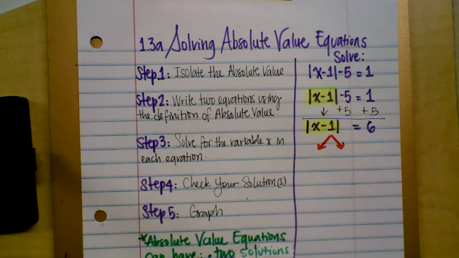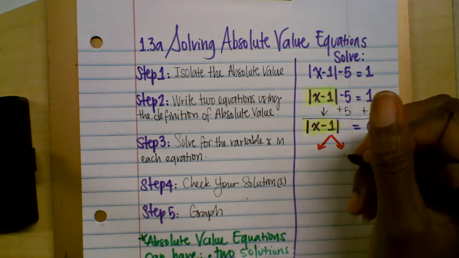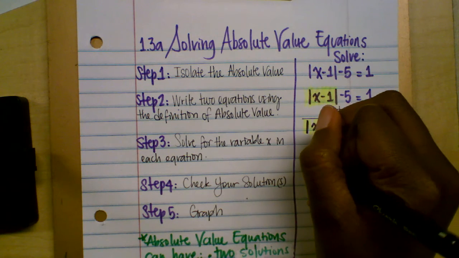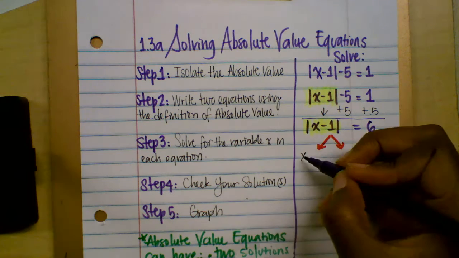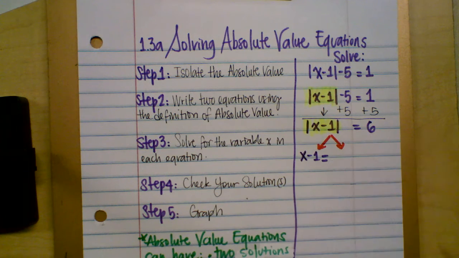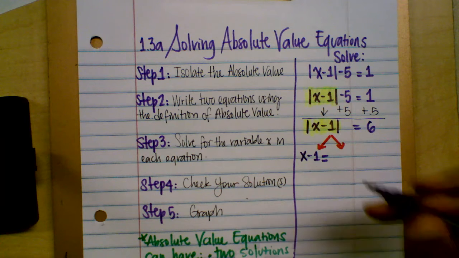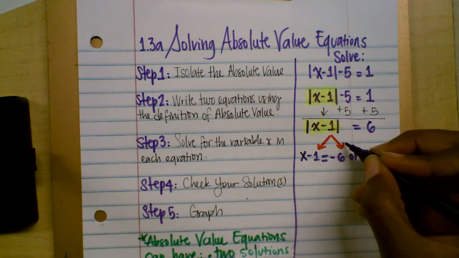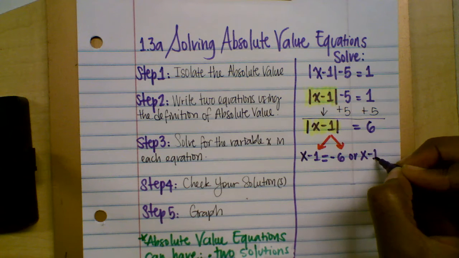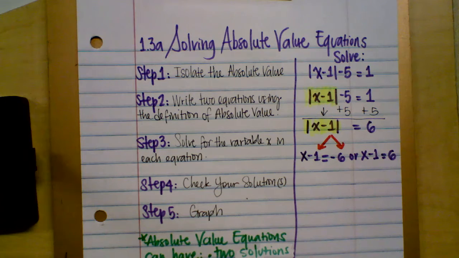When I write the two equations, make sure you drop the absolute value. So I'm going to write x minus 1 equal to, I'm going to choose to start with negative 6, or x minus 1 equal to positive 6.